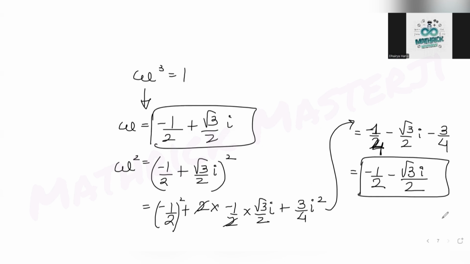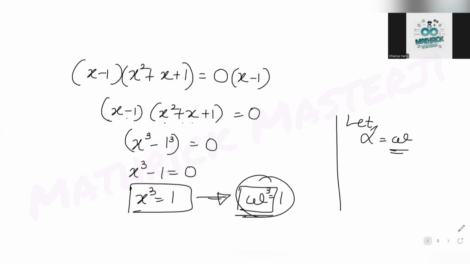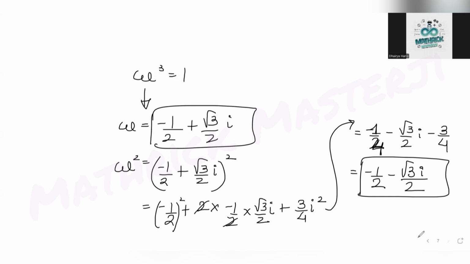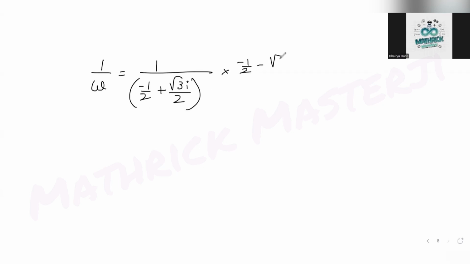Now, once I have these with me, let's put it here. So if I put it here, what I get is 4 over omega. And we know 1 over omega is nothing but 1 over minus half plus root 3 over 2i. So if I multiply with the conjugate of that, minus half minus root 3 over 2i.